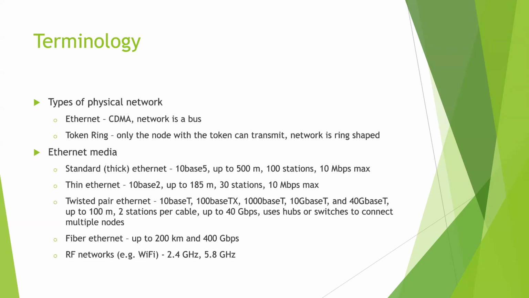Then, of course, there's RF networks, which take the wire out completely and allow you to just use radios on both ends and send the signal through the air. That's what we use for Wi-Fi. Basically, Wi-Fi is an Ethernet protocol running on RF. There's 2.4 gigahertz and 5.8 gigahertz.